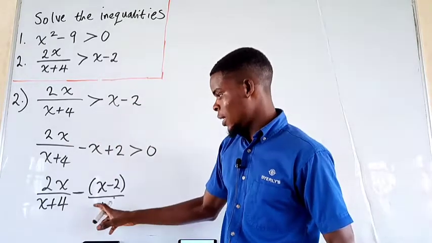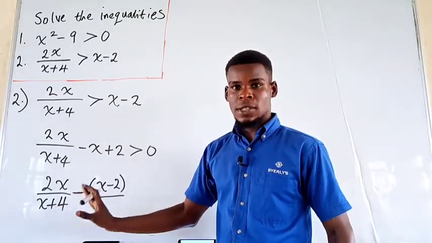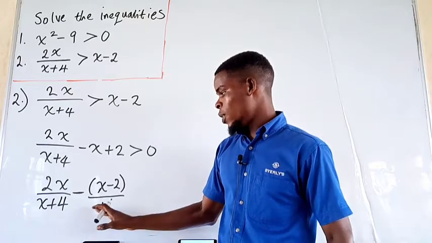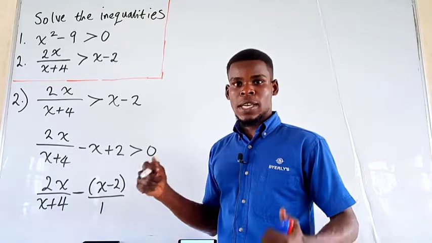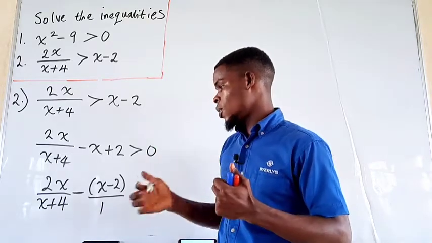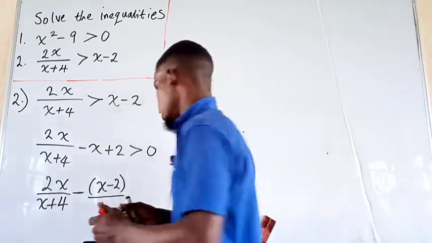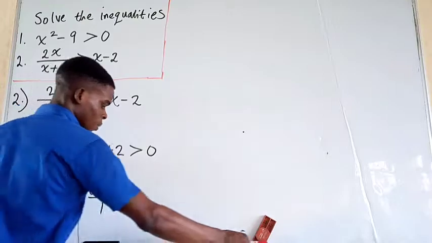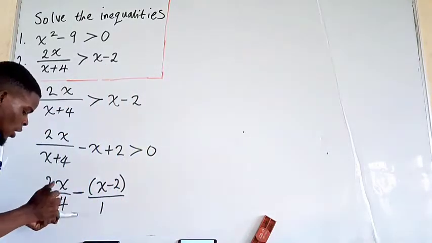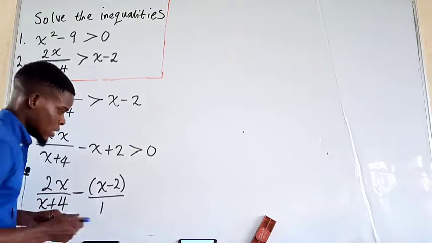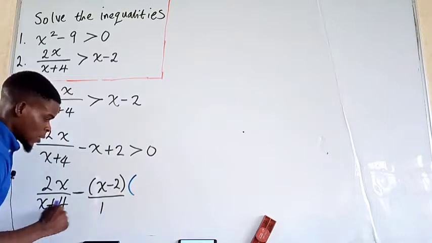Take note that there are actually two fractions now, where the denominator here is just 1. So I'm going to get a common denominator. What I would do here is multiply the top and bottom by the new denominator, x plus 4.